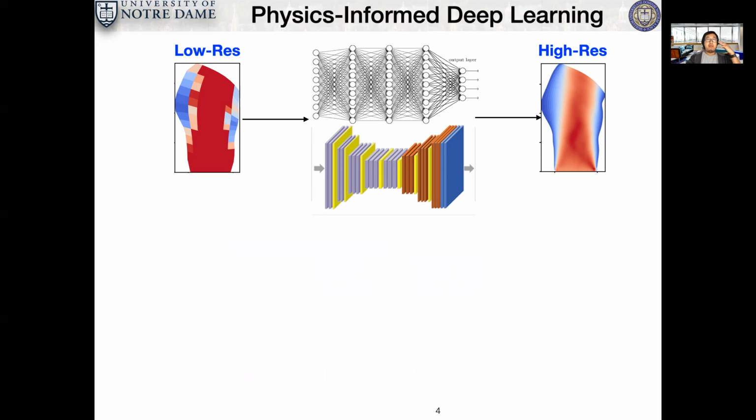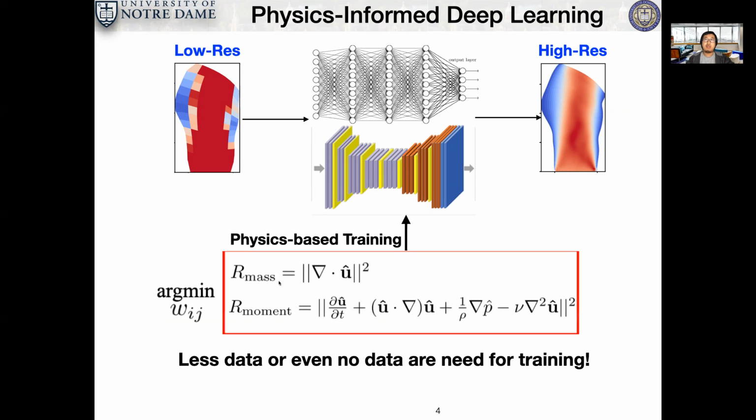However, this mapping is not purely a black box to us. Instead, we know the underlying physics, meaning the network output should satisfy the conservation laws of mass and momentum. Because it's an incompressible flow, it has to satisfy the divergence-free condition and the momentum conservation equations.